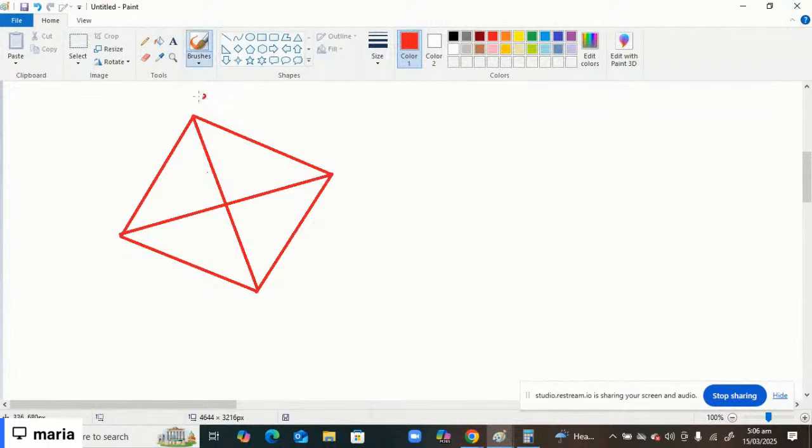This is C, D, that is F and E, and in the center that is G. We are interested in finding this one, G, D and E. As we can see, these two lines are perpendicular to each other. This is 90, so here is a 90-degree angle. Here is a 90-degree angle. Here is a 90-degree angle.